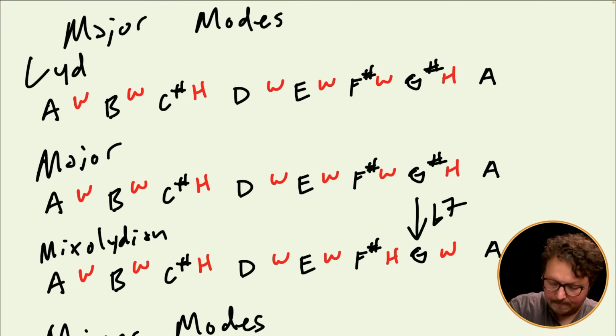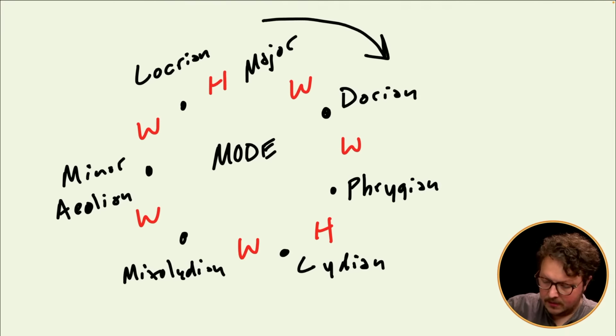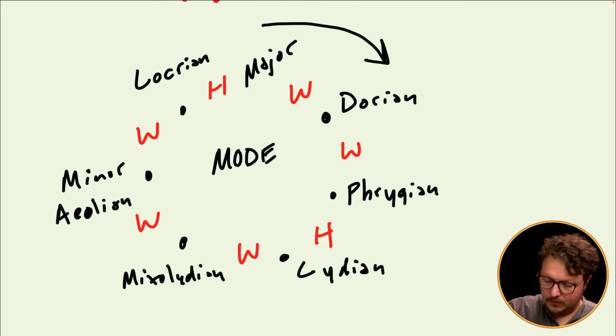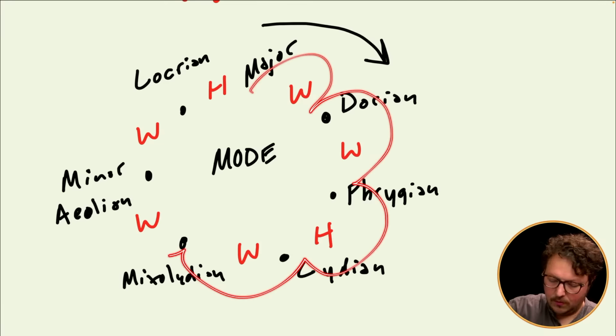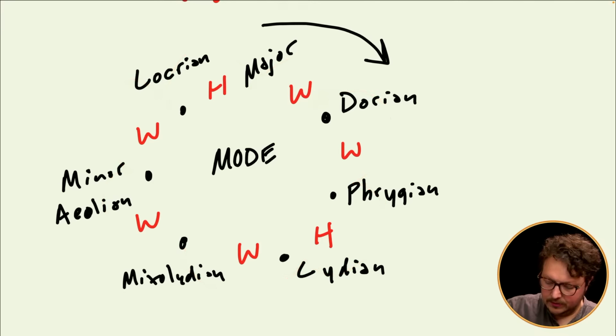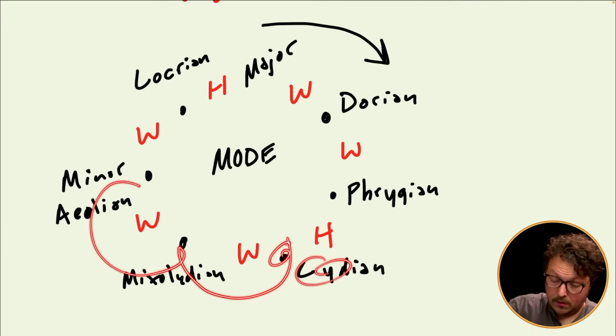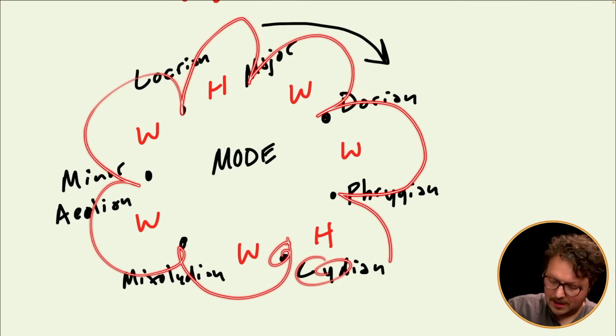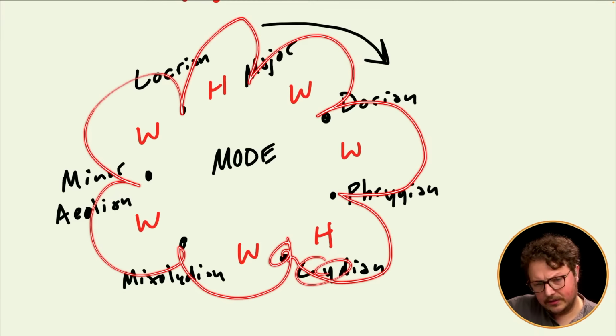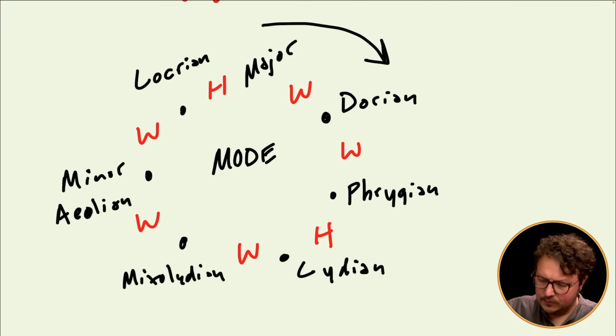Lydian, well, let's look at this chart over here first. So the major scale formula is whole, whole, half, whole, whole, whole, half. Let's look at the Lydian scale. We start here and we go whole, whole, whole, half, whole, whole, half. So this looks like it's got one note different as well.